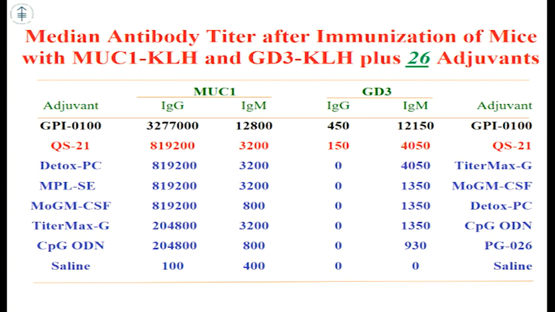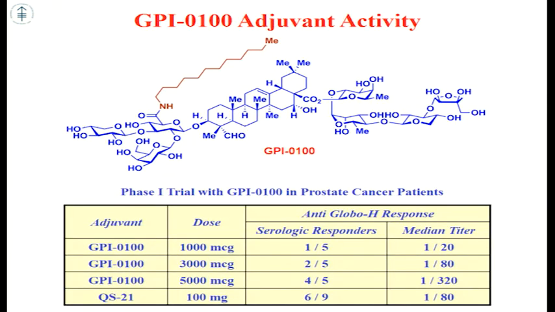Again, for interest, you see that QS21 is still the top of our list, inducing both IgG and IgM responses against the same antigen. And GPI 100 is the same thing as what Dante Marchionne did when he isolated it and then went back; he's a chemist, so you want to make the molecule synthetically, a potent molecule, and that's what he called GPI 100.